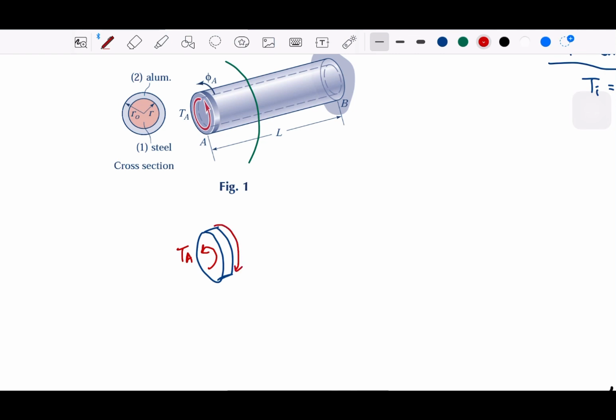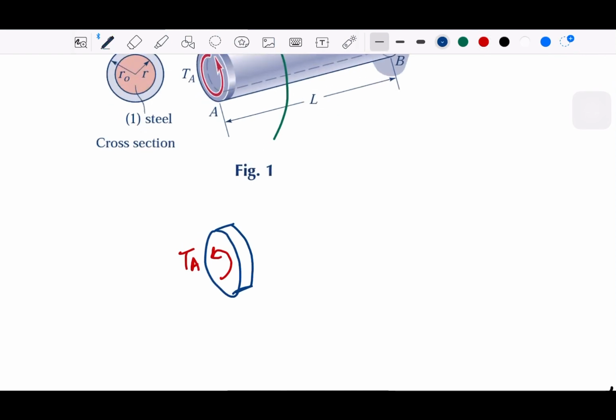Maybe the inside one first: the inside one is T1 and the outside one is T2.